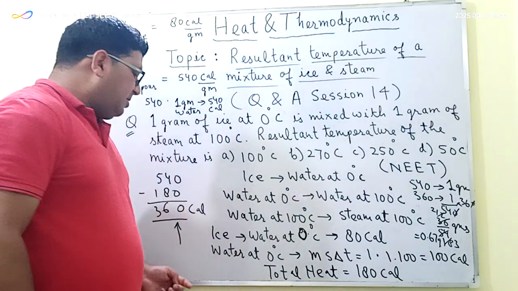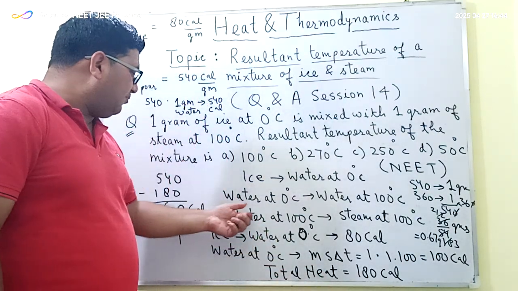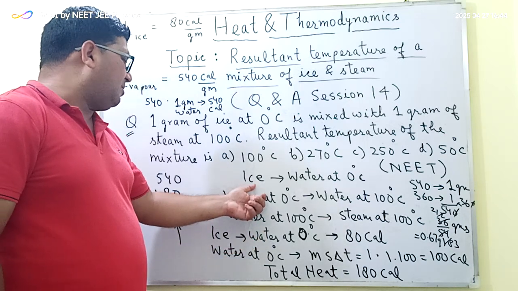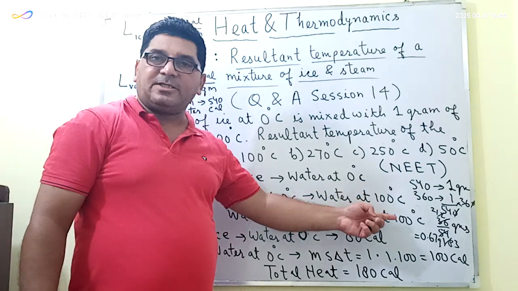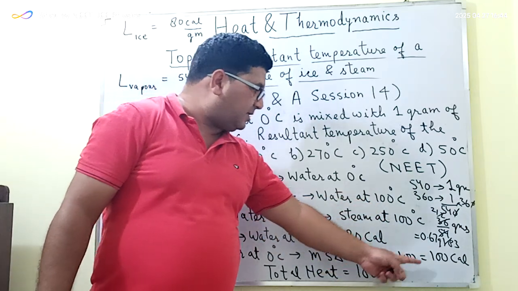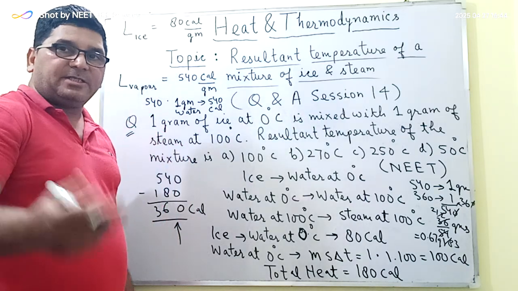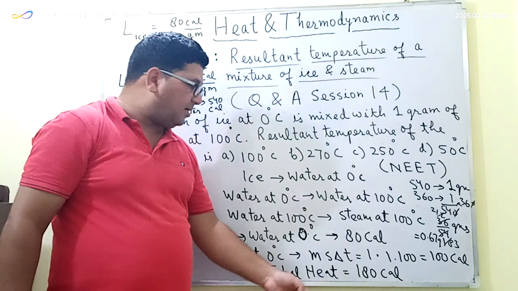So 0.67 grams of the water which we have got after the ice has melted and got converted into water at 100 degrees centigrade, out of that water, this 0.67 grams will get converted into steam, and the remaining will remain as water.